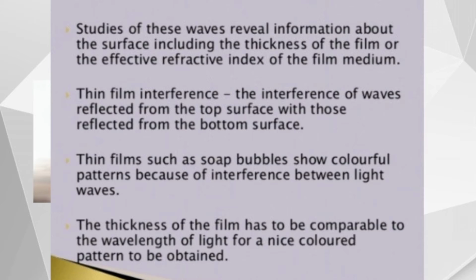Thin film interference. The interference of waves reflected from the top surface with those reflected from the bottom surface. Thin films, such as soap bubbles, show colorful patterns because of interference between light waves. The thickness of the film has to be comparable to the wavelength of light for a nice colored pattern to be obtained.